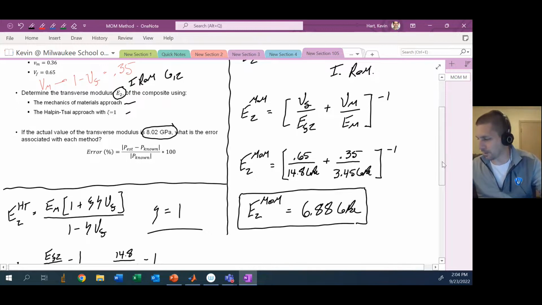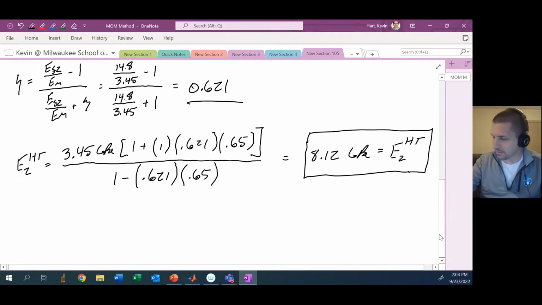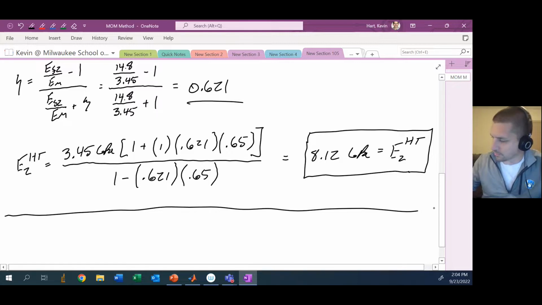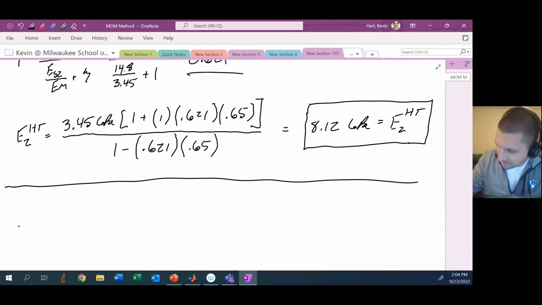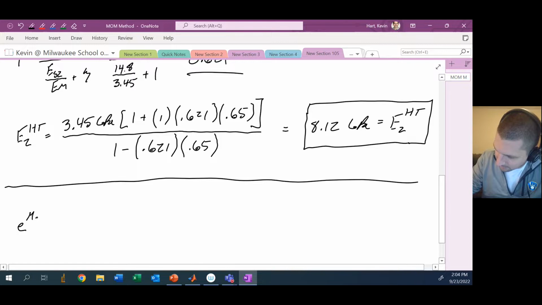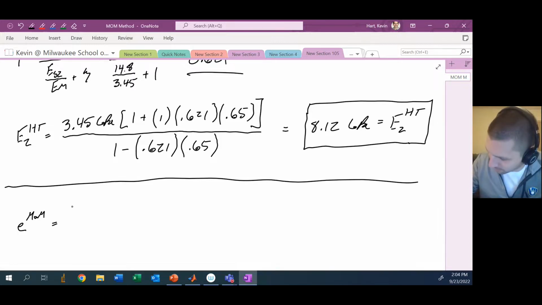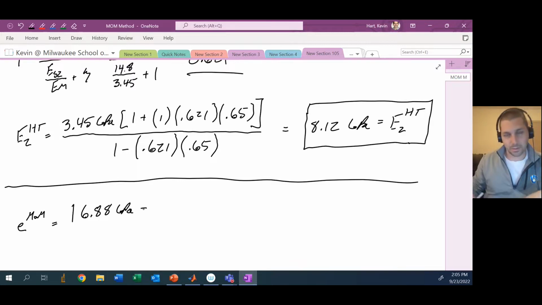So let's first start with the mechanics of materials method, the error associated with that. So I'm going to label that here as little e associated with the mechanics of materials method. So here, the absolute value of our estimated property, 6.88 GPa. We're going to subtract off the known quantity here, which is 8.02.